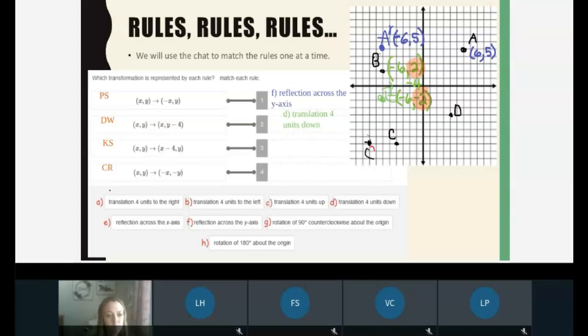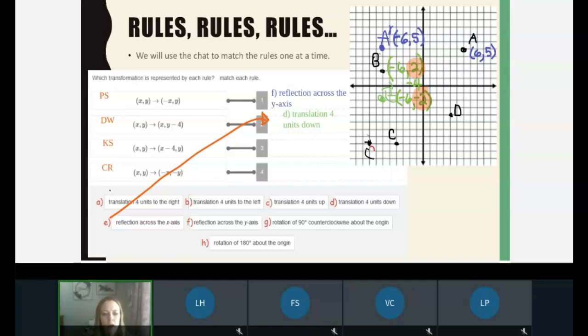It wouldn't, but because of the numbers and how it goes, it could be 4 units down or a reflection across the x-axis. Yes, good point. That's absolutely right, Preston. There could be 2 possible answers there. Great observation. Very nice.